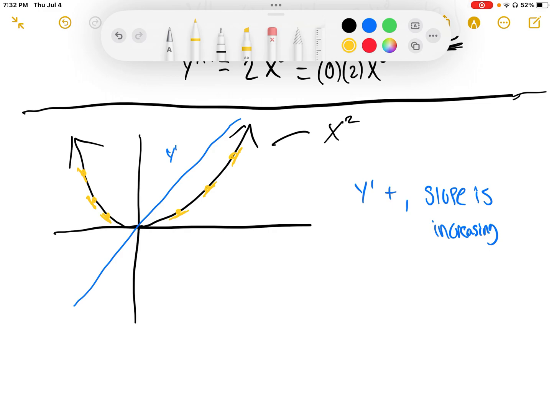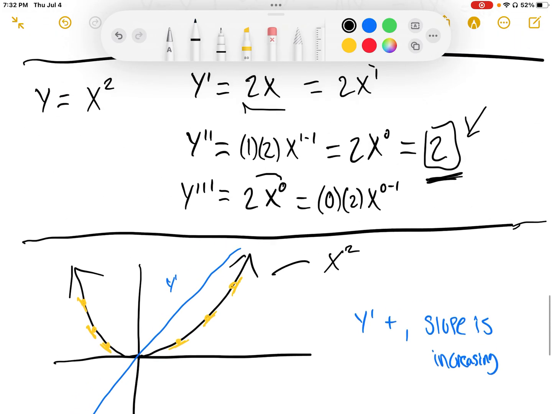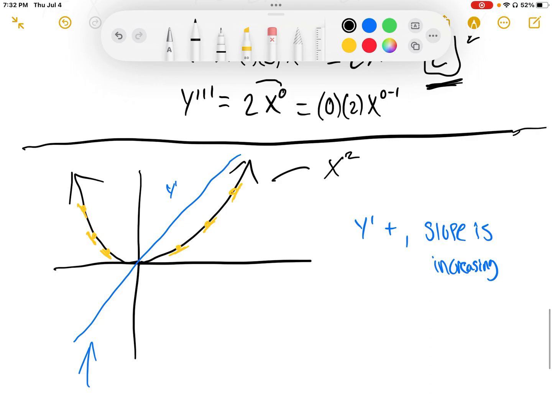The slope of the slope, which is y double prime, or the second derivative, would be the slope of our y prime, which we found to be 2. So that would mean if we go up 1, 2, and draw that equation, y double prime, it's a flat line and it's always positive.